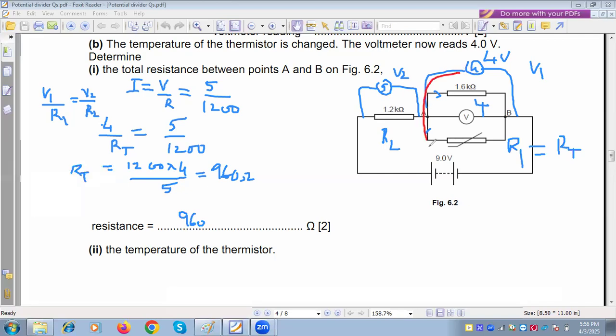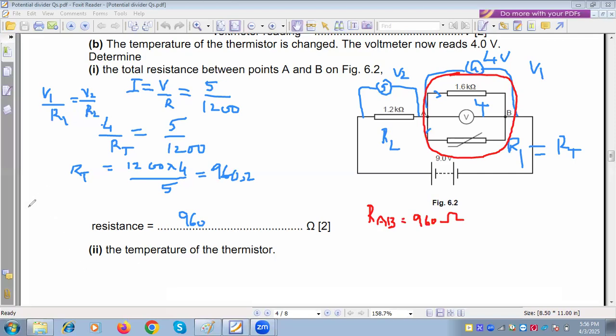Combined resistance of this is 960 ohm, between A and B. RAB you may call it 960 ohm. Let us see what the next part says.